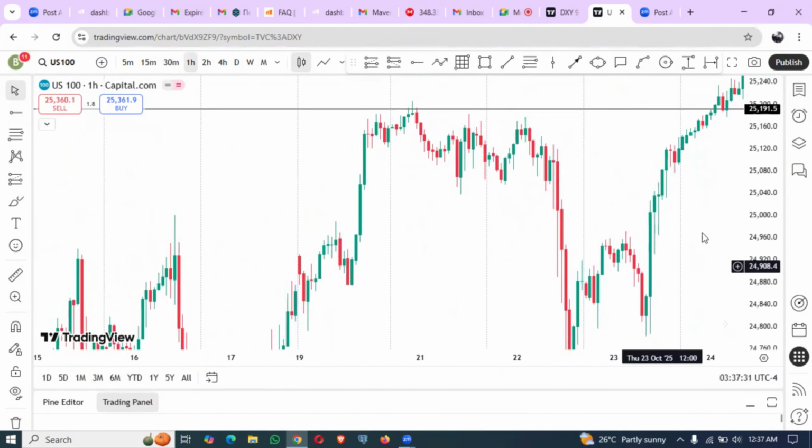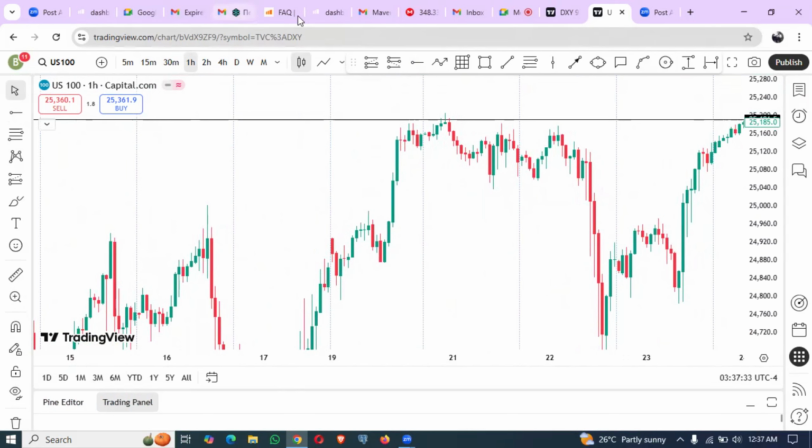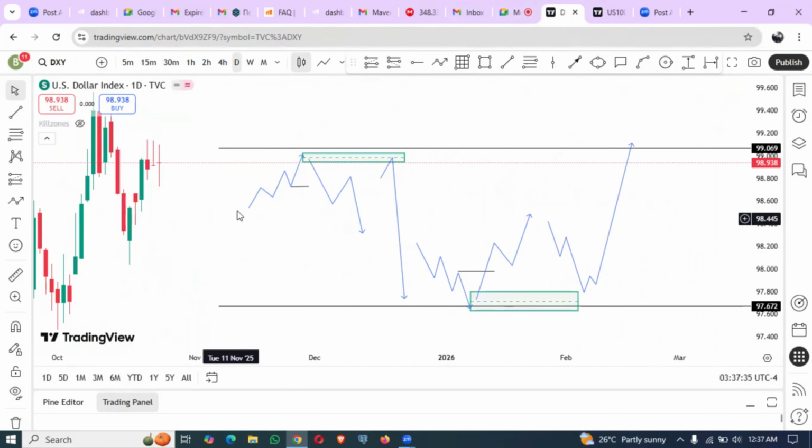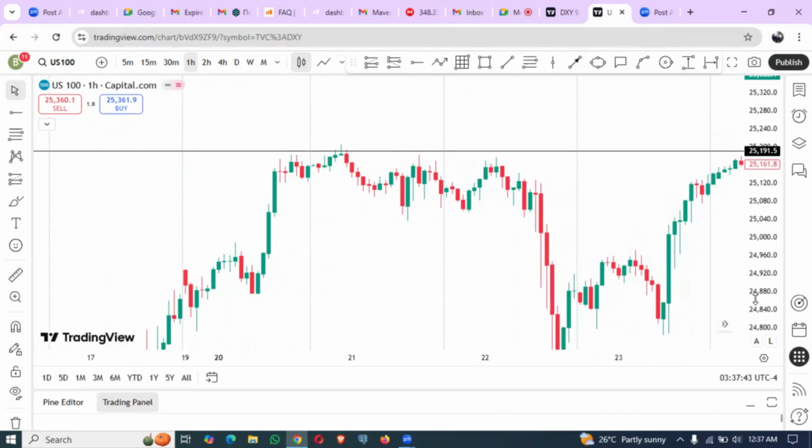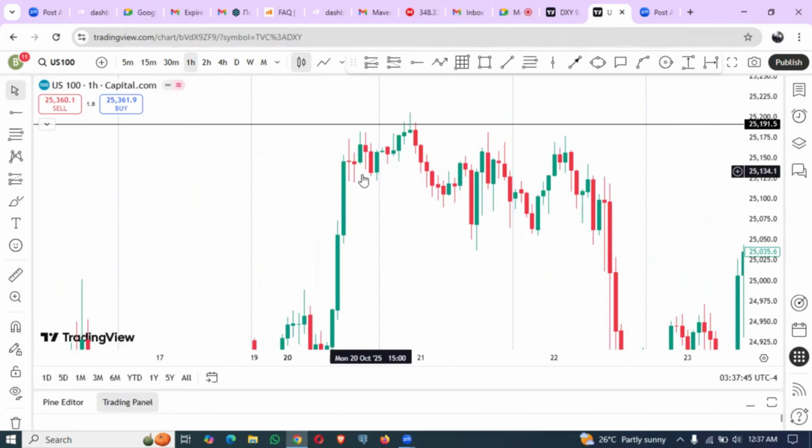Then what did I see? Like I pointed out, if you look at this place, you need to see this push, then this violation, this first impulsive push. You zoom in properly and you see it here: the impulsive push, correction, the impulsive push, correction, and this final impulse. And the market now changed, closing below this last correction leg here.